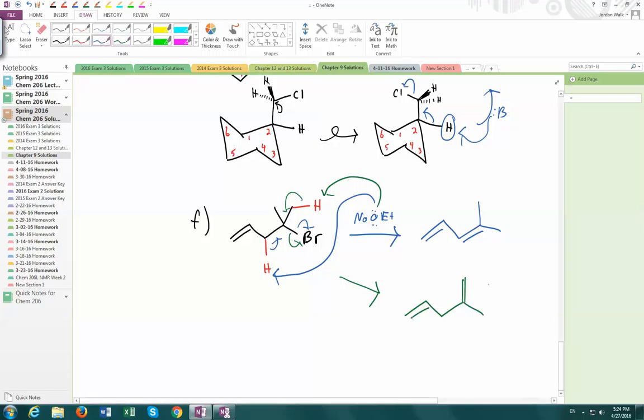And so here, the bottom one is di-substituted. The top one is tri-substituted. So which one is the Zaitsev product? Top one. Yeah, so here's our Zaitsev. And so that makes the top one our major.